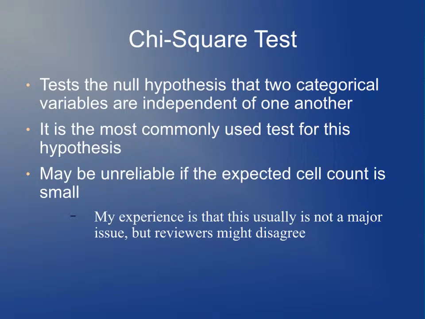The only real drawback is that it can give unreliable results if the expected cell count is very small. In my experience, even when the expected cell count is small, usually the results it gives are correct or very close to correct. But if you're submitting a paper to a journal, a reviewer might yell at you in this case.